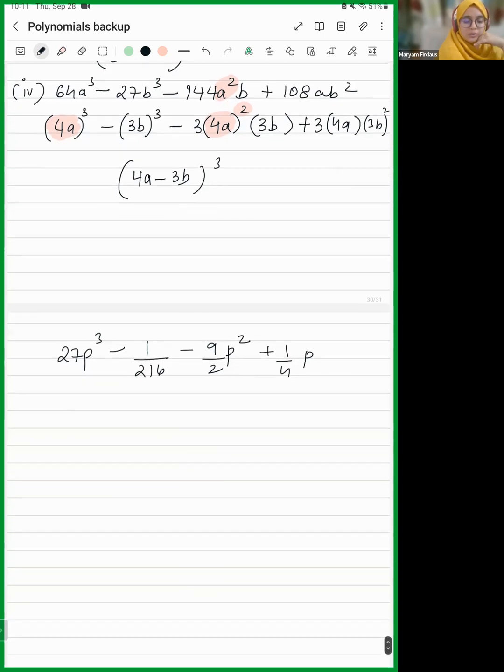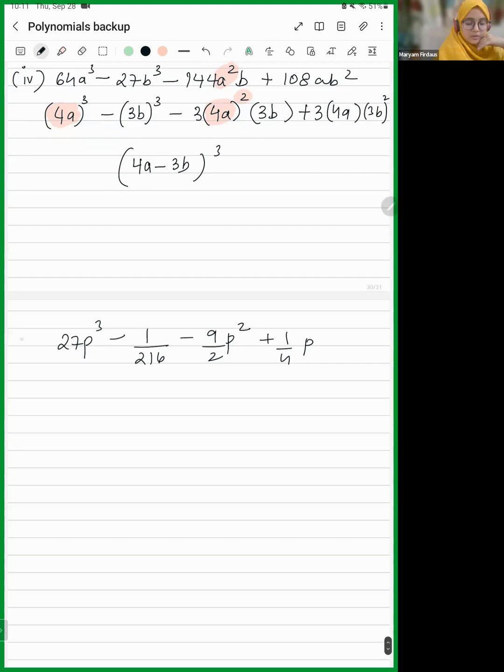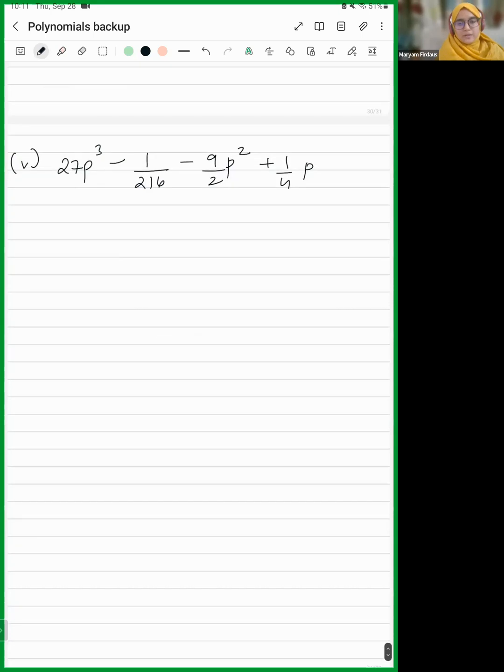Then try to do the fifth one by yourself. Will you do it by yourself, or shall we do it in class, the fifth one? Let's do it in class, okay? I think some of you might find it a little bit challenging. So, the first term, who will tell me? The first term becomes 3p cube, 3p whole cube.